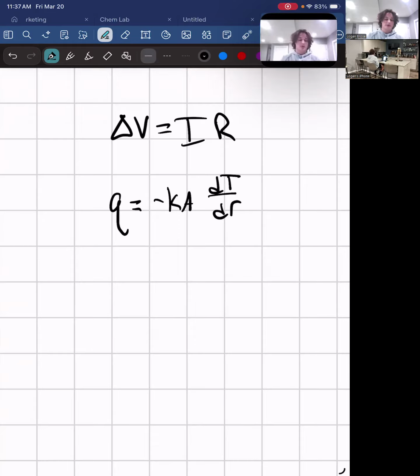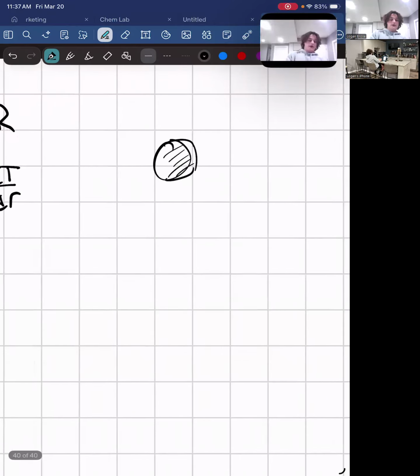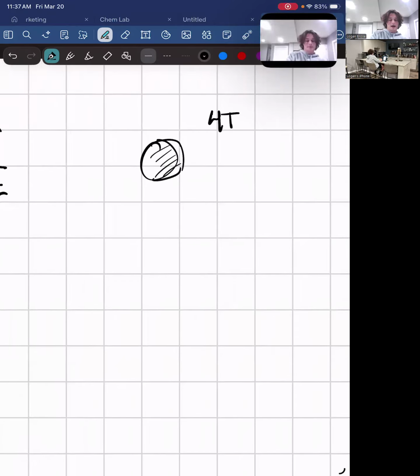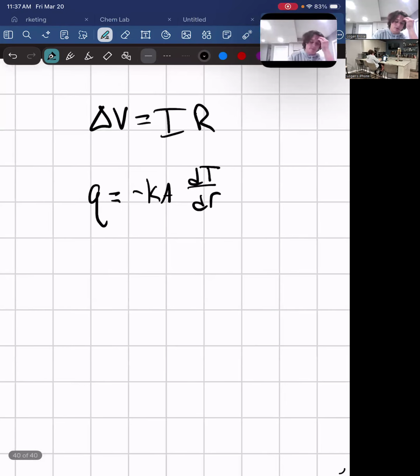And so with this, we know that for a sphere, imagine this is spherical, our area is going to be 4 pi r squared. That's our area, so we can plug that in. We'll get Q equals minus K times 4 pi r squared.